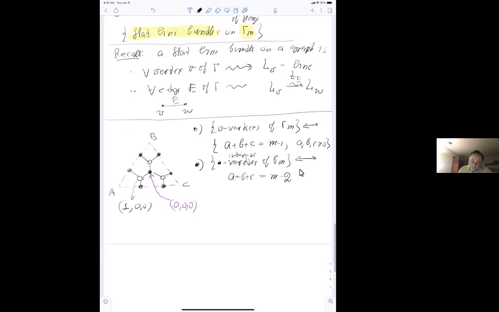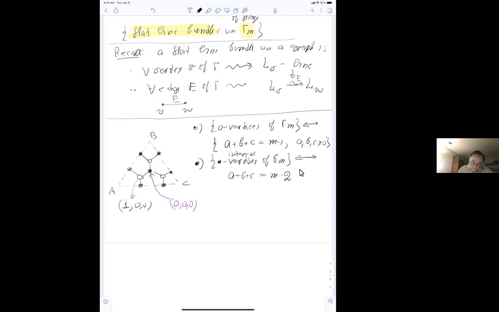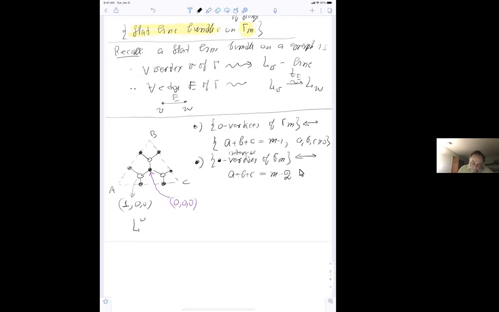So first of all, at the white vertices, which are labeled by the three integers a, b, c, you put the following line: A sub a intersect B sub b intersect C sub c. And notice this is a line. And why is this a line? Because you have minus 1 here.